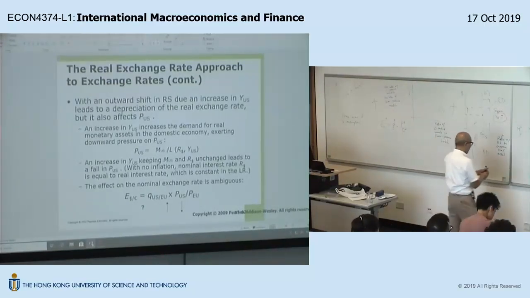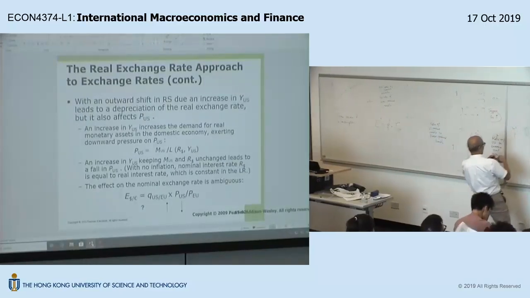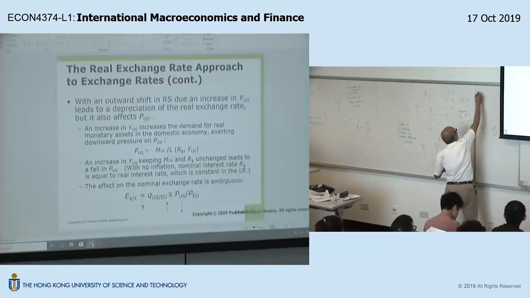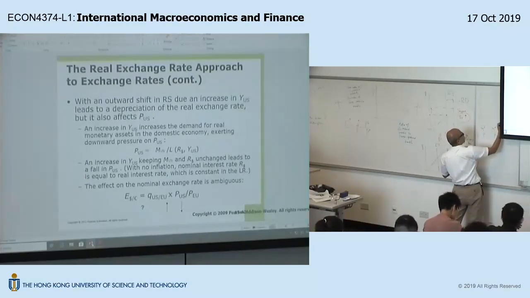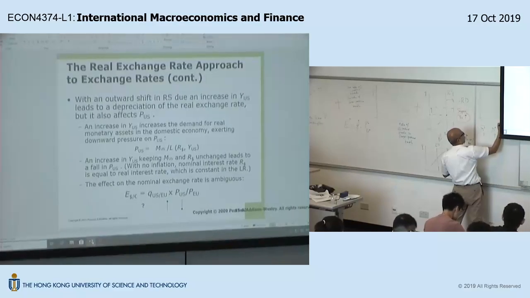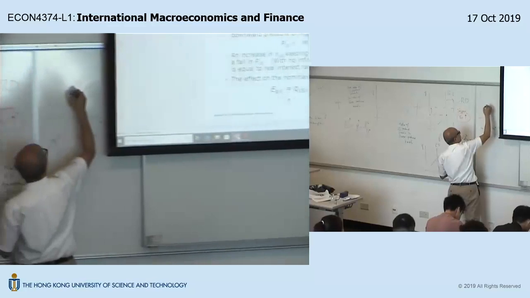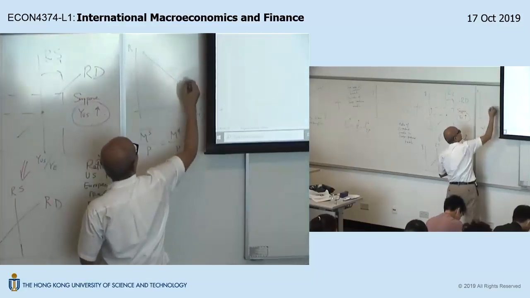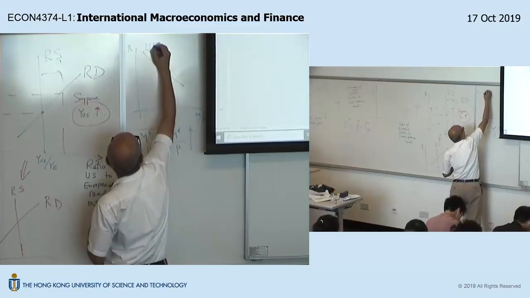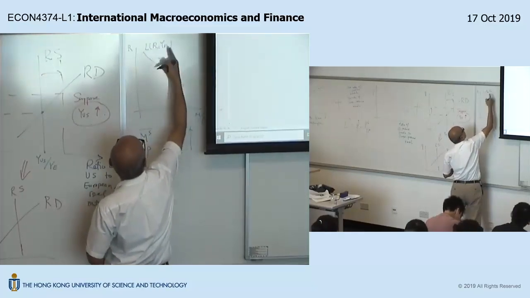It's actually nothing more than what? So we have money demand, right? Here is the M over P, and this is the interest rate. Remember, this is the L(R US, Y US).